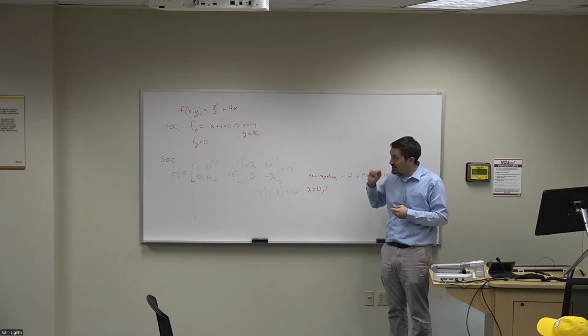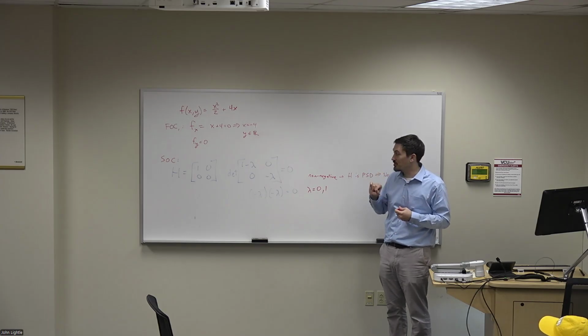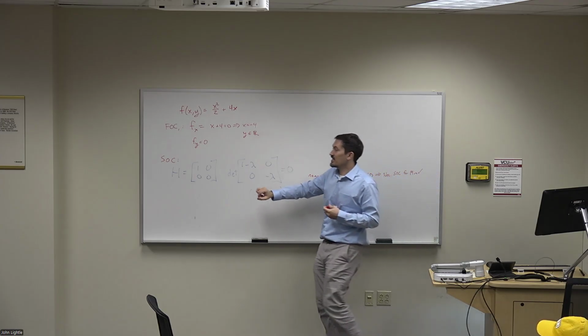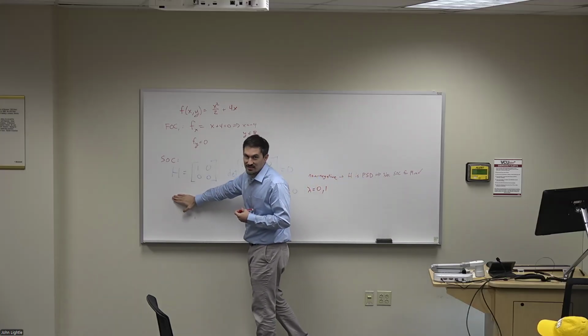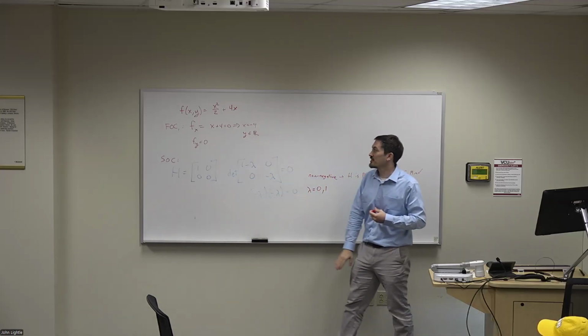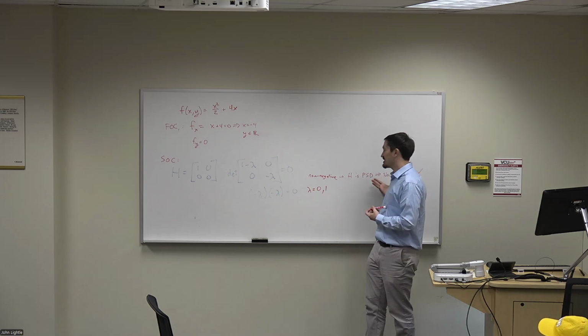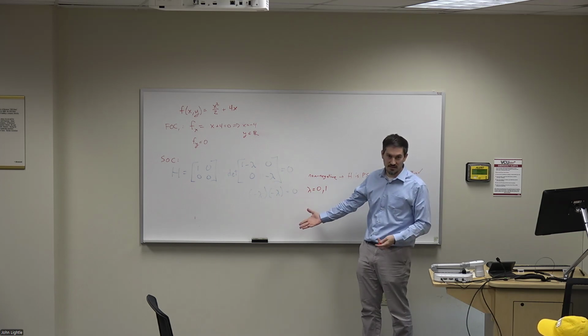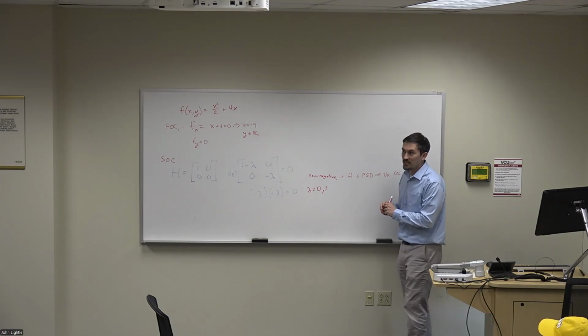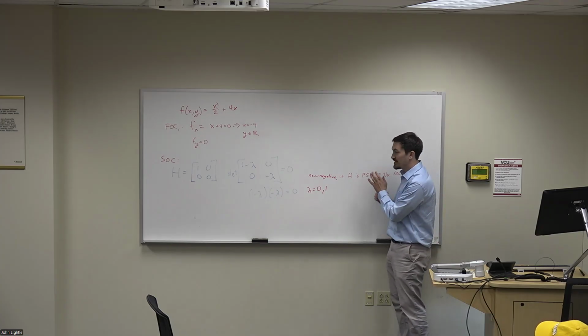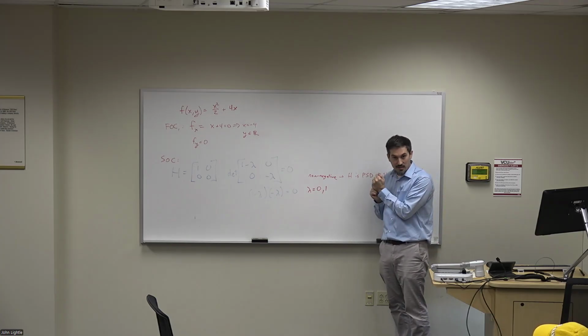We actually would also know it's a global min if the Hessian is positive definite everywhere, right? So basically it's a local min if it's positive definite right at that point.